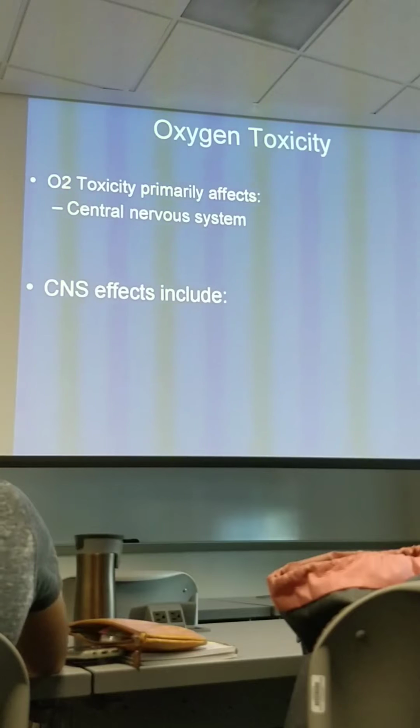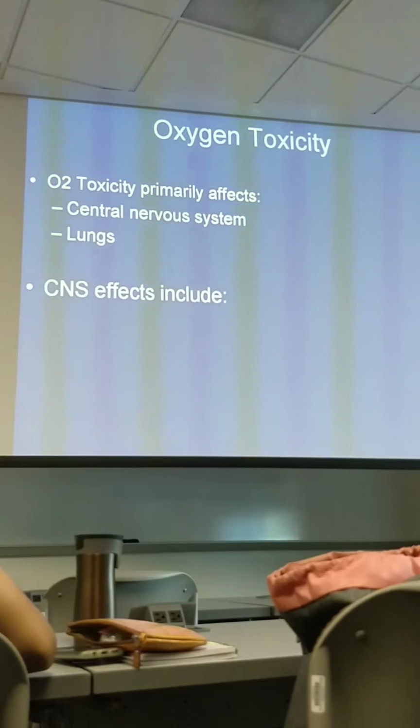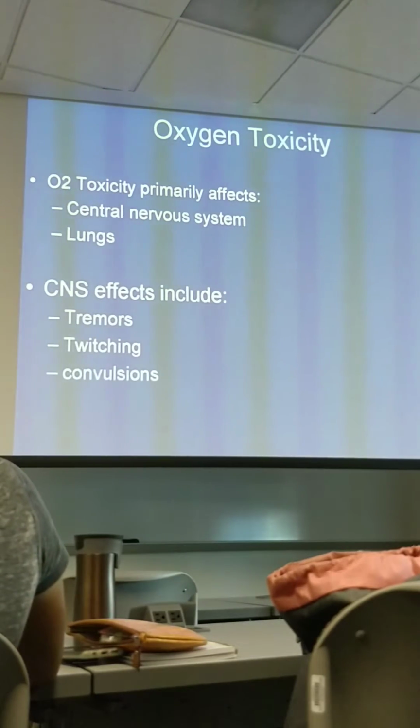So oxygen toxicity, that's a little further on down the line, what I just talked about, impacts primarily the lungs and central nervous system. The CNS effects are tremors, convulsions, twitching if you're getting too much oxygen.